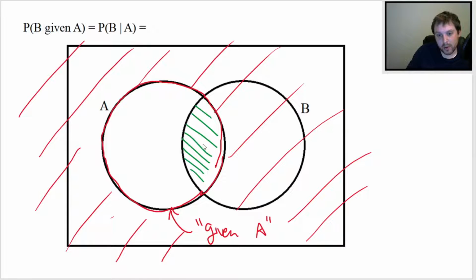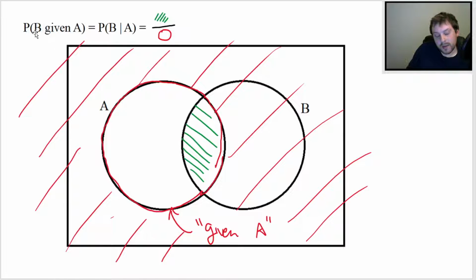If this is very small in comparison to this, then the probability of B, given that we're in A, would be quite small. If this was quite large, then we would say the probability of B given A was quite large. It's basically saying, look, it's this green part out of the red A circle. So this is what I'm trying to say.